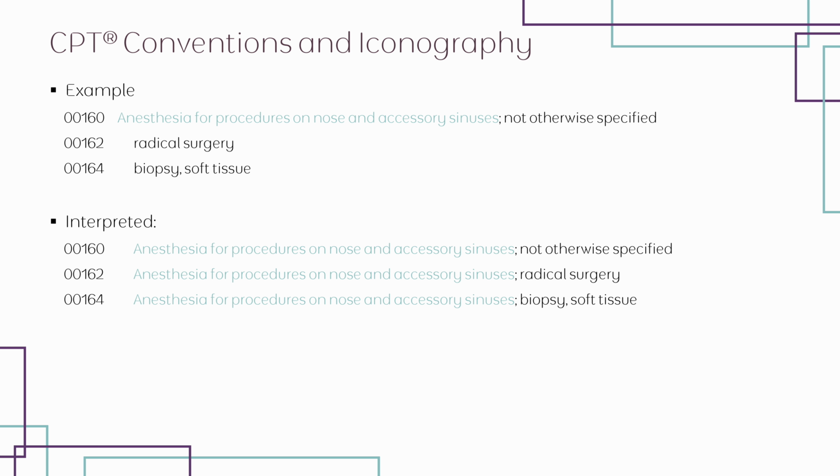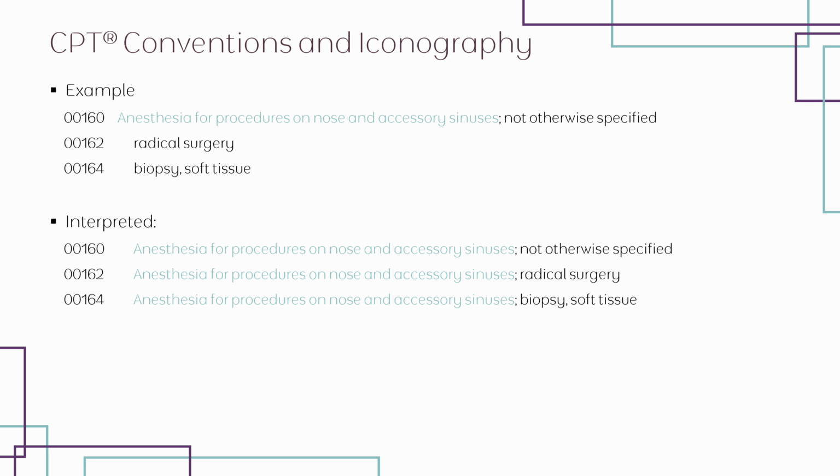Now, look at the subsequent codes 00162 and 00164. You'll notice that both of these codes are indented under 00160. This indentation shows that these codes are dependent on the initial portion of 00160's description.